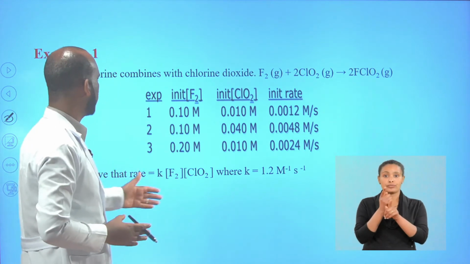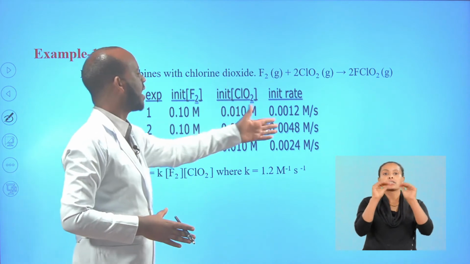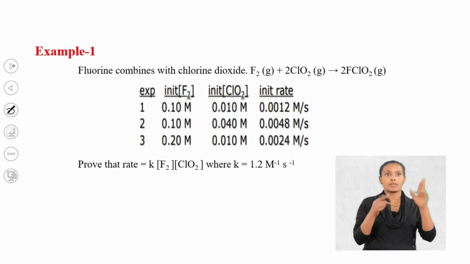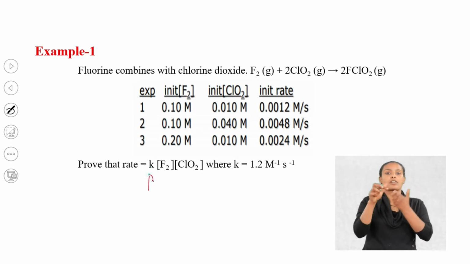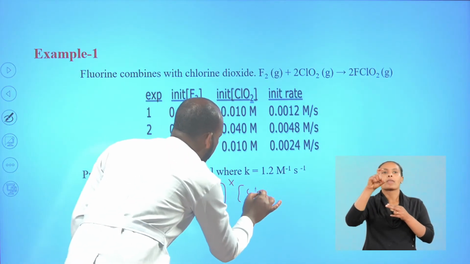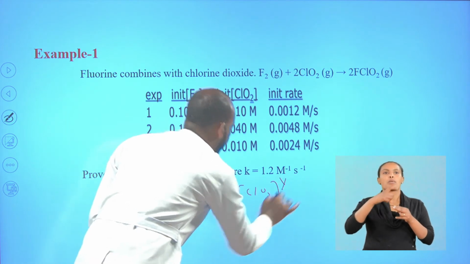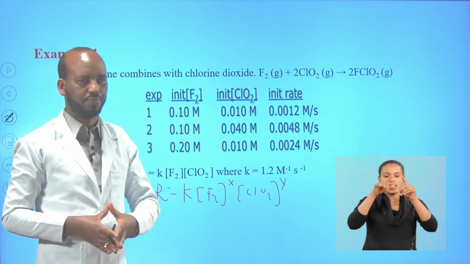The rate for this reaction is rate equals K times concentration of F2 to the power X times concentration of ClO2 to the power Y. X and Y are determined experimentally.